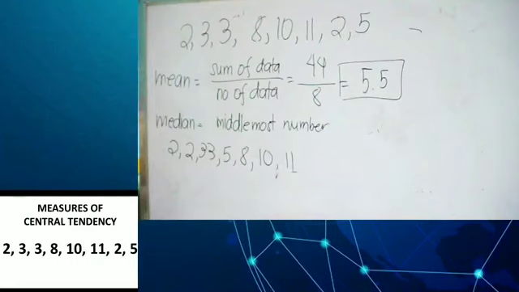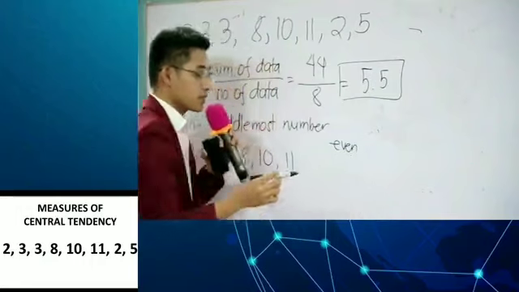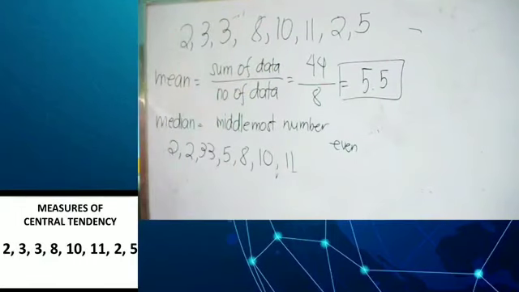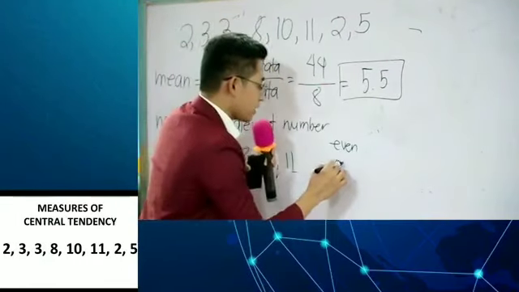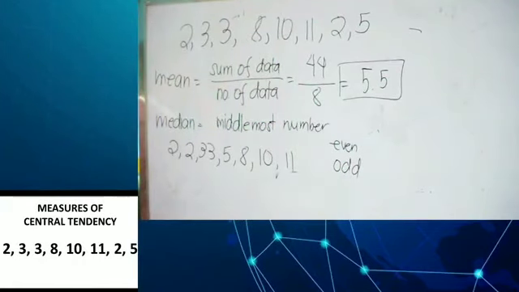So, tandaan nyo yung number of data kapag even. Ano ba yung even? So, yung 2, 4, 6, 8, 10. Paano pag-odd? 1, 3, 5, 7. Okay? So, pag even po yung number of data mo, you have to find the two middlemost numbers and get the mean of it or the average of that.